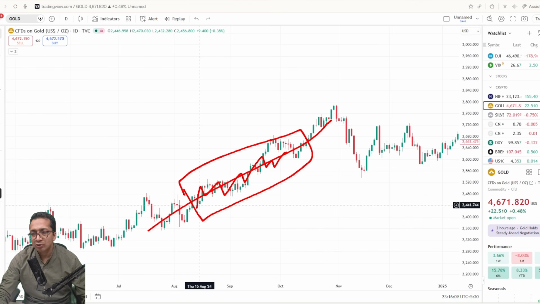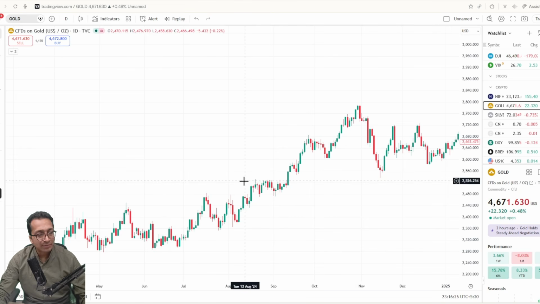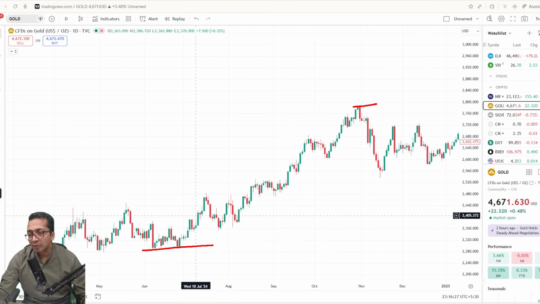They will have some value, but yes, they don't have much of the value as compared to when a hammer is being made at the top or at the bottom. So how do we define the bottom? When we see that it is in some support area, then it's a bottom. When we see it's at some resistance zone, then it's a top. If we are making those engulfing patterns or that hammer kind of patterns at the support and resistance lines, then it matters a lot.